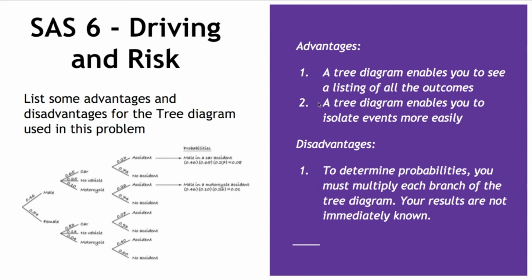A tree diagram enables you to isolate events more easily. We can look deliberately down the line and isolate it to the least possibility of one specific event or several events occurring at the same time. Disadvantage: to determine probabilities, you must multiply each branch of the tree diagram, and your results are not immediately known. You have to actually do the math.